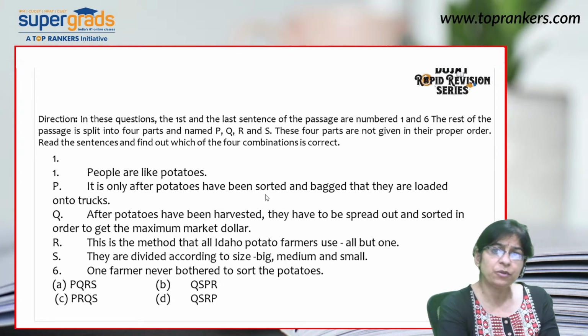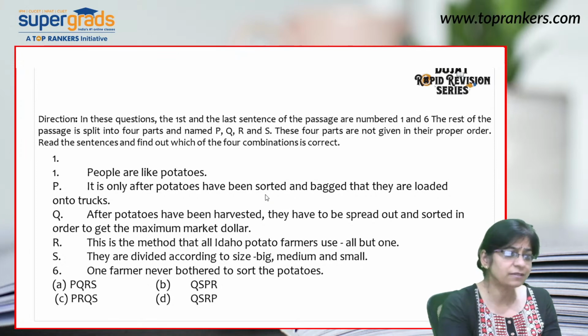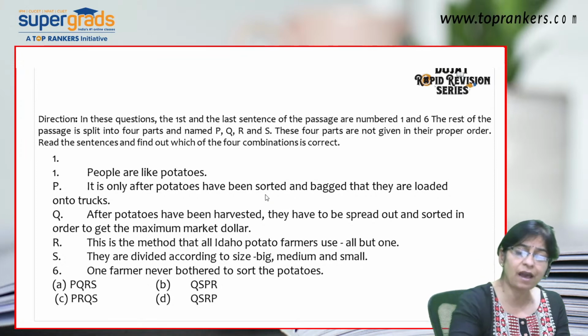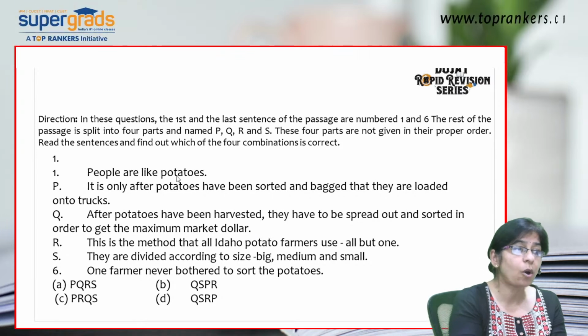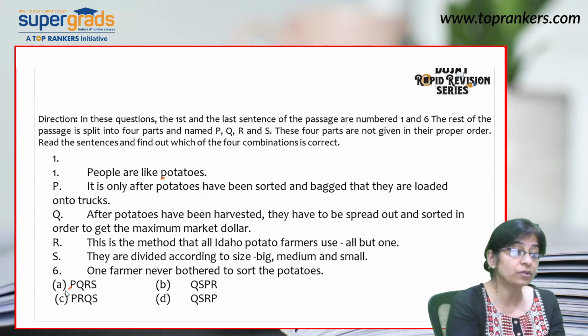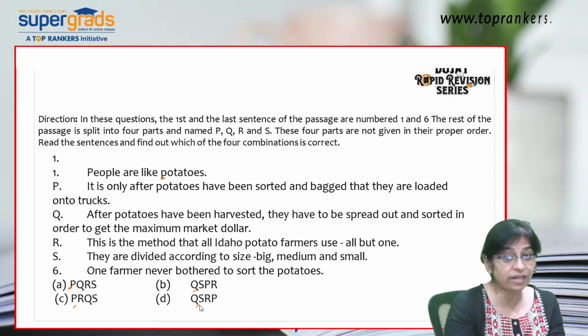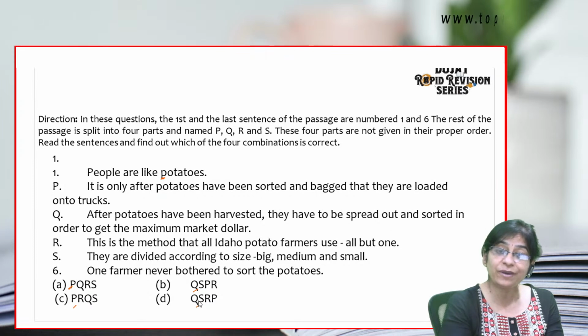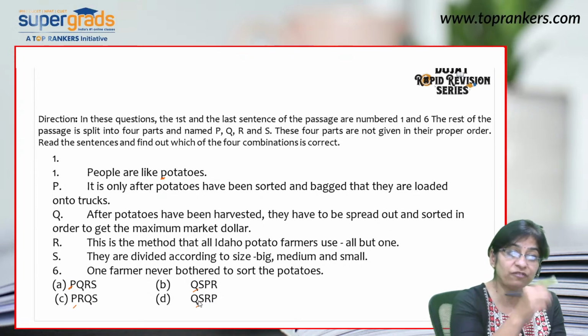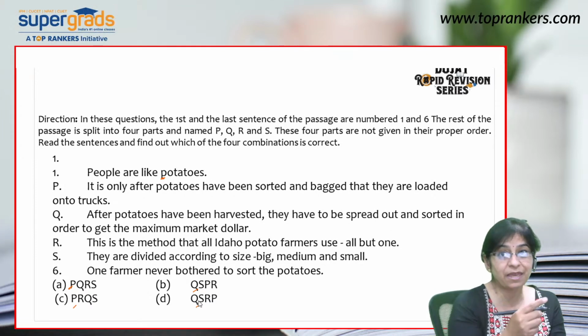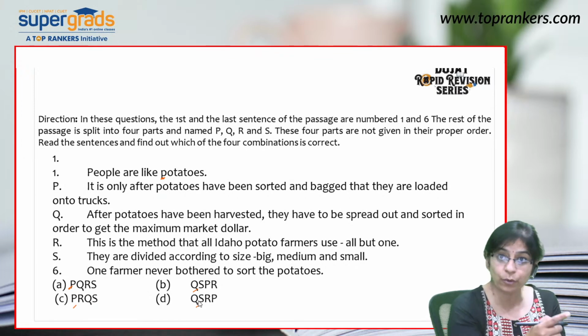Now, see, when you read these, now let's look at the answer choices. Can we begin our passage with P, or can P naturally follow 1? That is the first thing that you should see. So there are two options that say P should follow 1 and there are two options that say Q should naturally follow 1. So one way of looking at it is to see what is a better answer choice, P or Q, that should follow point number one.